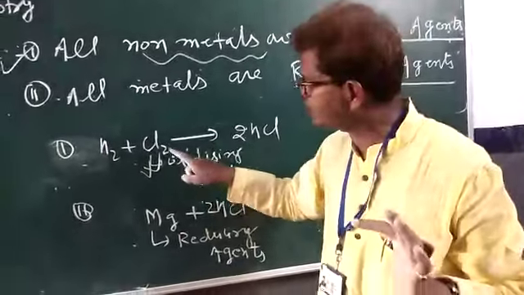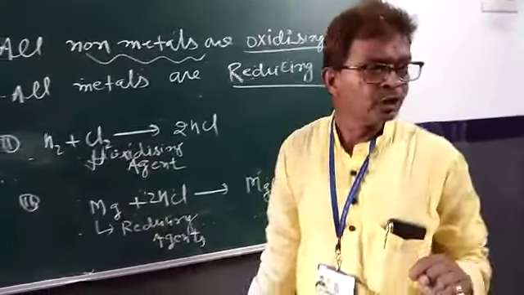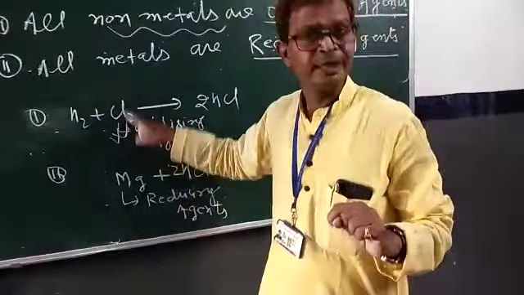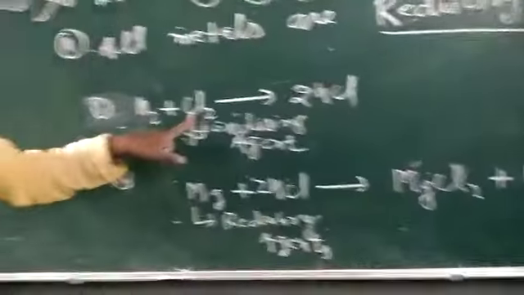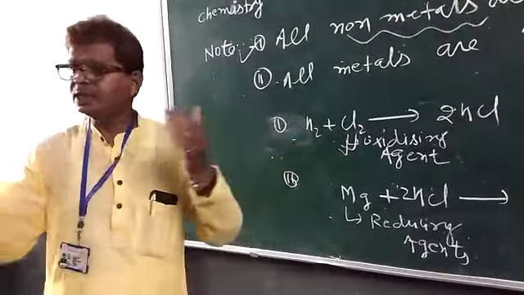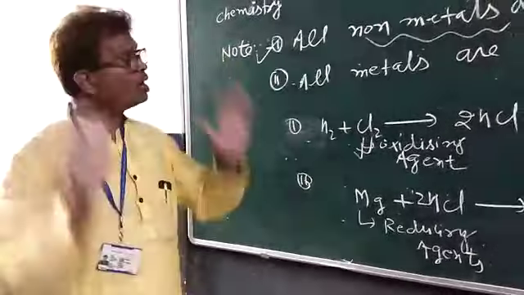In the reactant side, chlorine has 7 electrons in the outermost orbit, so naturally it is a non-metal. If it is a non-metal, it will be an oxidizing agent. If chlorine is the oxidizing agent, naturally hydrogen is the reducing agent. And interestingly, if you identify the oxidizing agent or reducing agent, you are able to answer each and every question about redox reaction.